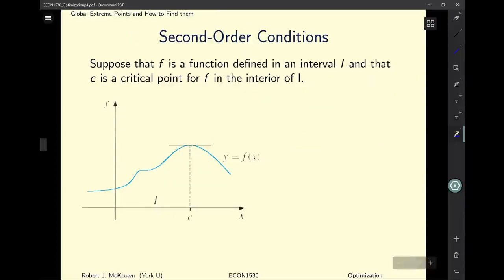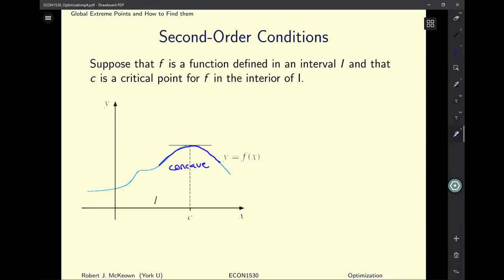The second order conditions is our other test for determining if it's a maximum or minimum. This one is much more common in economics, so you need to know it. We'll work on it now, and we're going to see it again later when we look at local minimums and maximums. Looking at the graph, it should be fairly obvious that if c is a maximum, then the function in this area has to be concave.